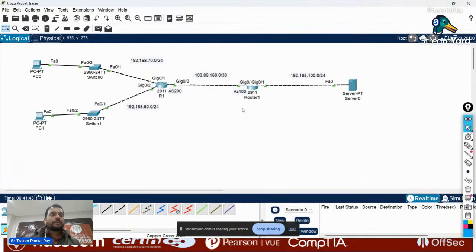So how will they send the traffic? So first I configure BGP on this router.